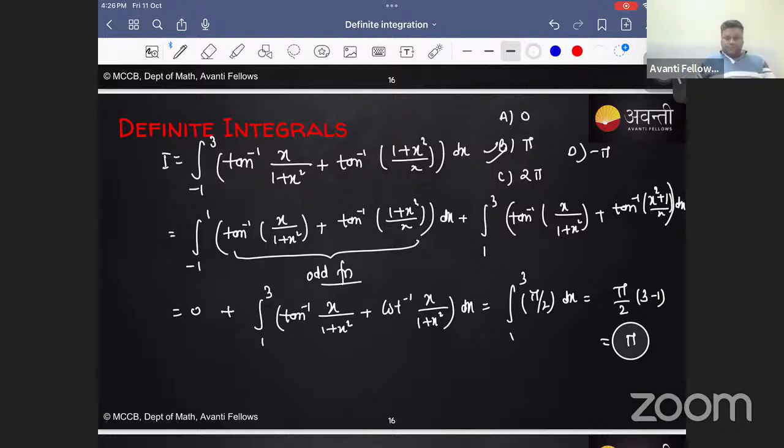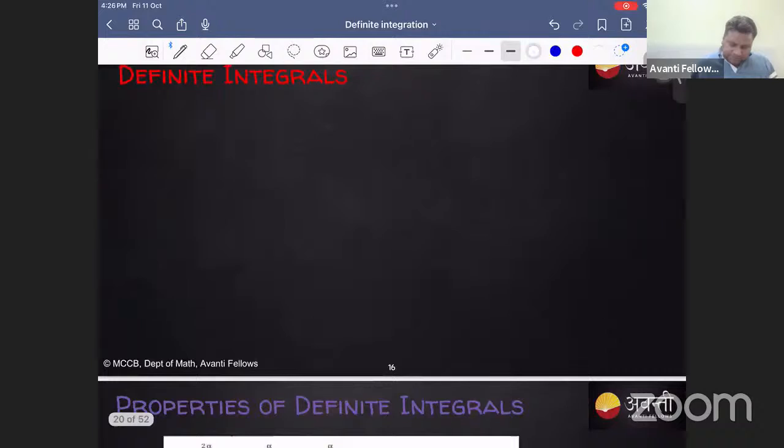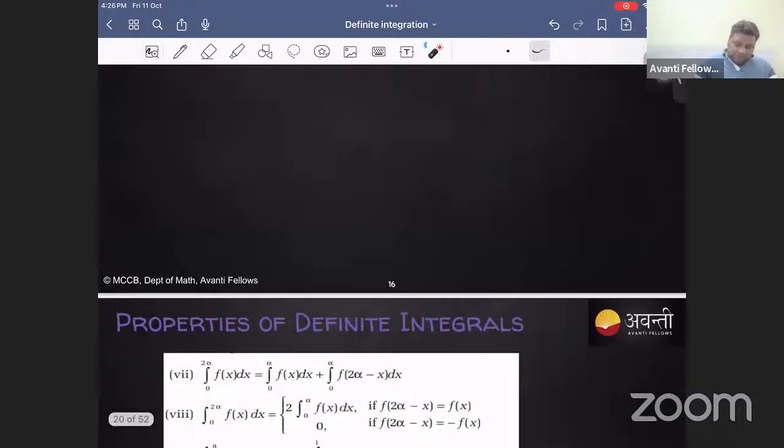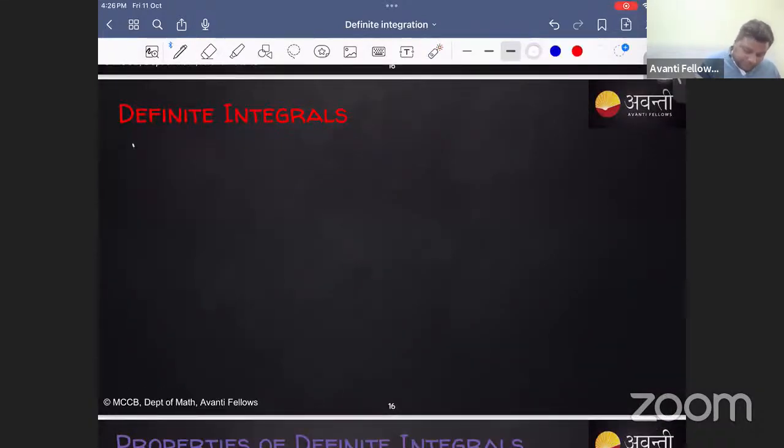Now, very good. Let's go with another property. The property is integration from 0 to 2a of f(x) dx is integration from 0 to a of f(x) dx plus integration from 0 to a of f(2a minus x) dx. This is property 7. I will write it here.